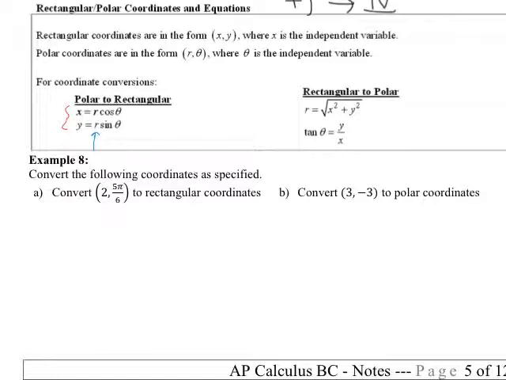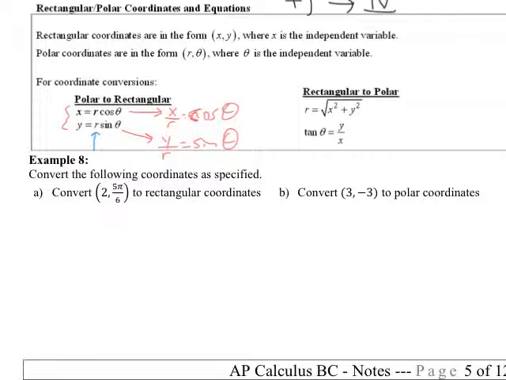From that, we can extract other useful equations, like x divided by radius is equal to cosine theta. And we can also extract y divided by radius is equal to sine theta. And those equations will get used fairly regularly in converting.